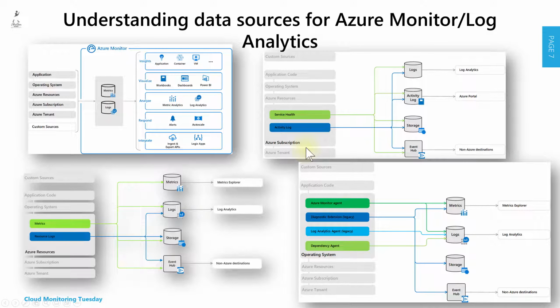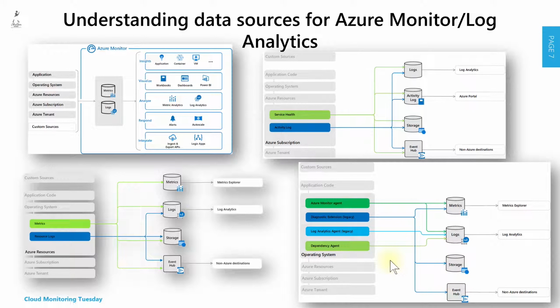We discussed in the previous sessions that any subscription, any Azure resource, and any guest resource sends data to metrics, to Azure Log Analytics, maybe to storage and Event Hub, to provide additional information about performance, status, and availability. A lot of data is stored inside Azure, so you can work with it and use it.